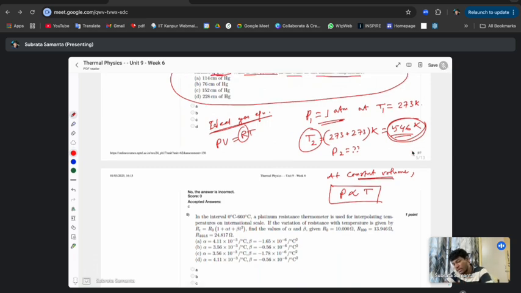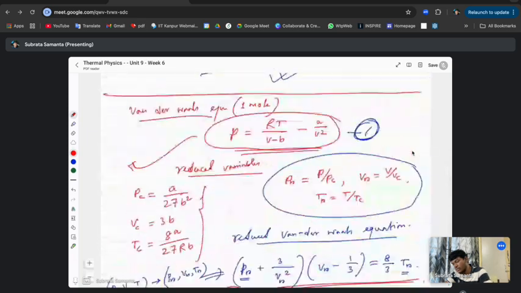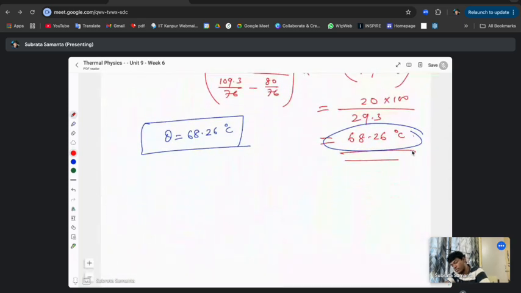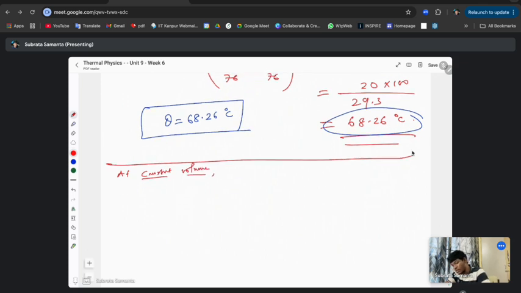So at constant volume, and high temperature, low pressure, T over Ti is the limiting case, the limit of Pi tends to 0, of P over Pi.